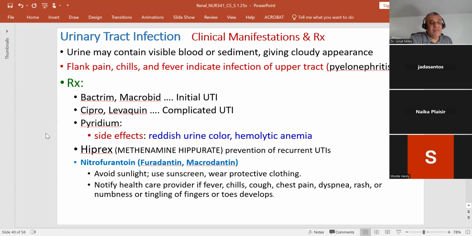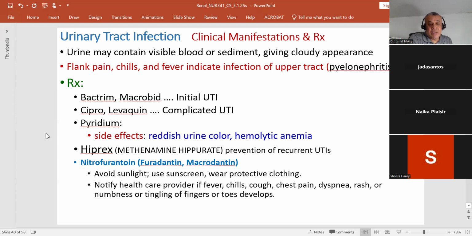Pyridium is more of a cleansing agent, like sterilization of the urine and renal system, and the side effect is that it will change the urine color to red, and that's normal.